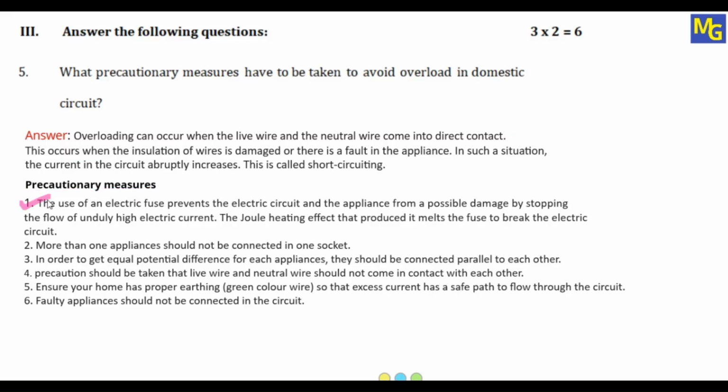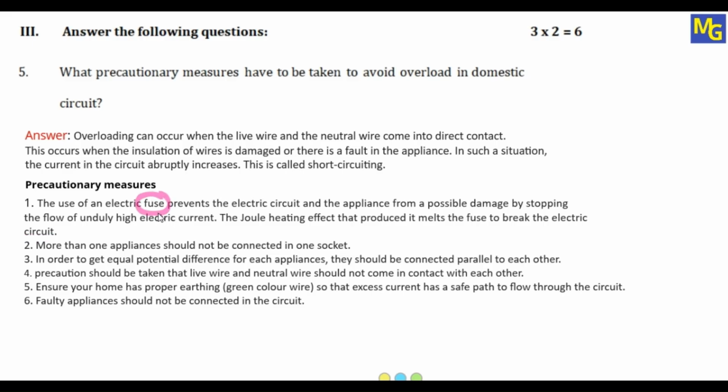The first one: the use of an electric fuse prevents the electric circuit and the appliances from possible damage by stopping the flow of unduly high electric current. The Joule heating effect that it produces melts the fuse to break the electric circuit. Means what? In your electric circuit we have to connect a fuse.